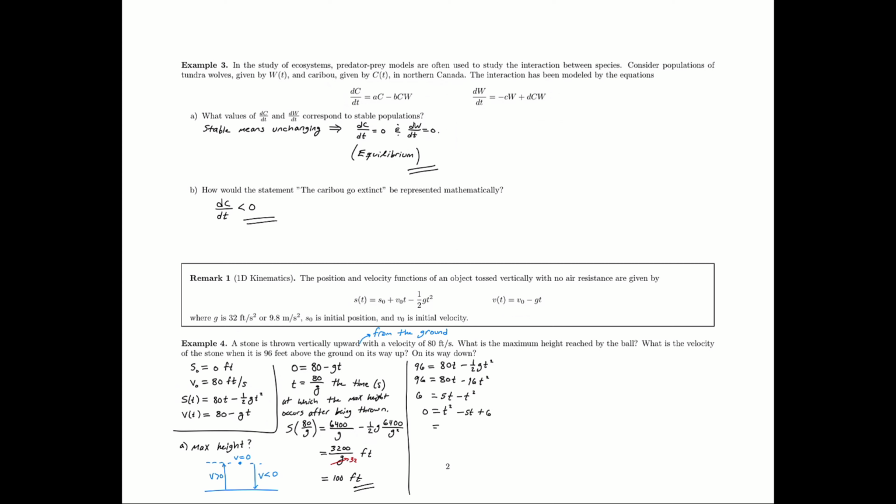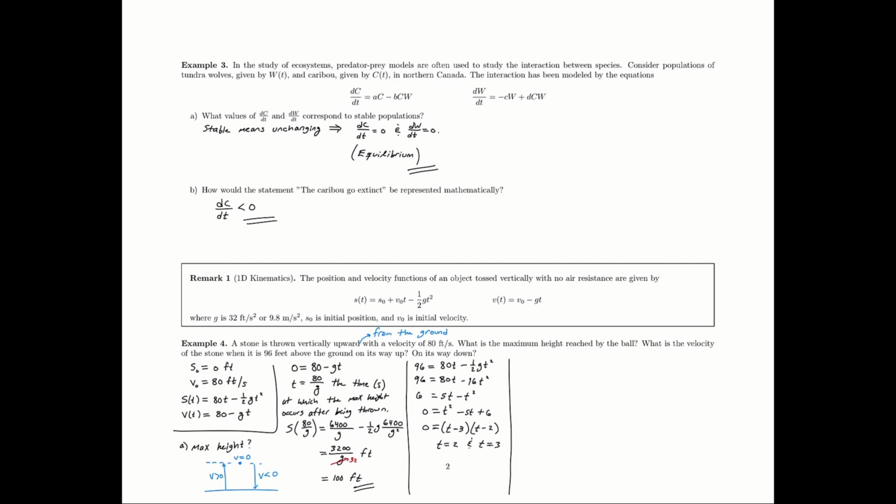And then we can factor this in order to solve, and we get t minus 3 and t minus 2. So we have t equals 2 and t equals 3 for our two t values. So apparently at these two times, the ball is 96 feet above the ground. Just using some physical intuition, t equals 2 would be 96 feet on the way up, and t equals 3 would correspond to 96 feet on the way down.